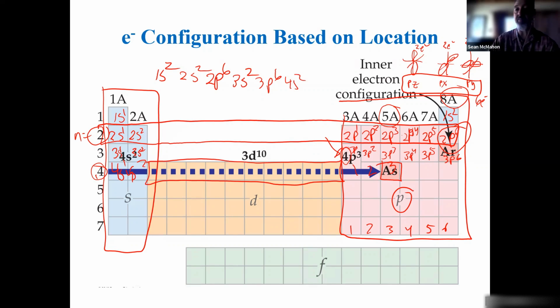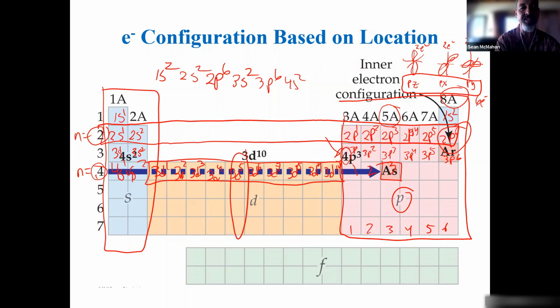Right here, remember, the D is 1 behind. So even though this is energy level 4, the D sublevel is 1 behind. So this would be 3d1, d2, d3. There's an exception, but for now, I'm going to make it easy. This is 3d4, 3d5, 3d6, 3d7, 3d8, 3d9, 3d10.